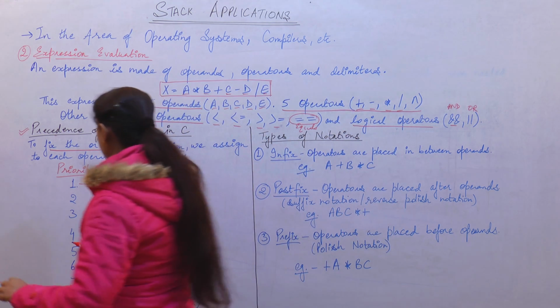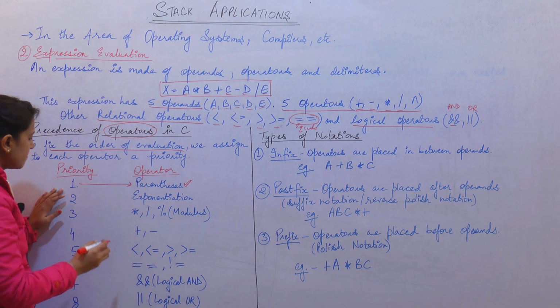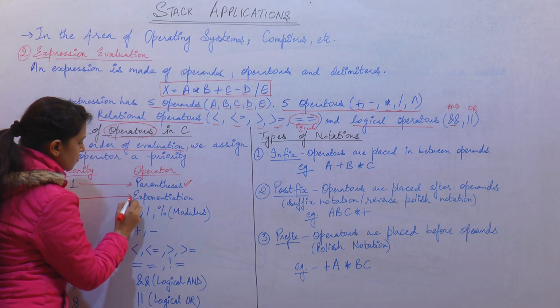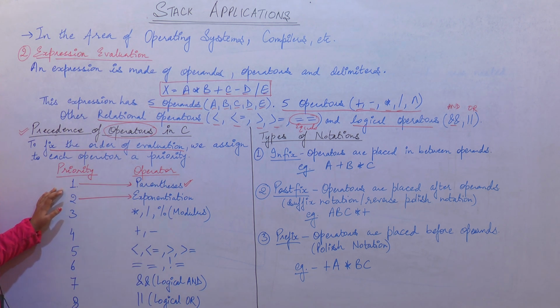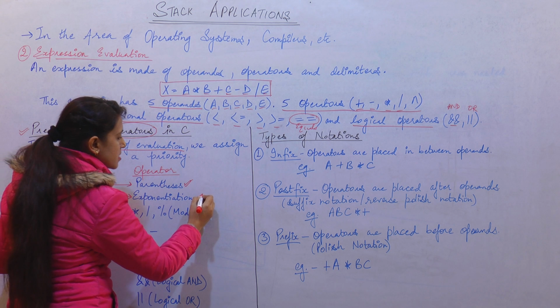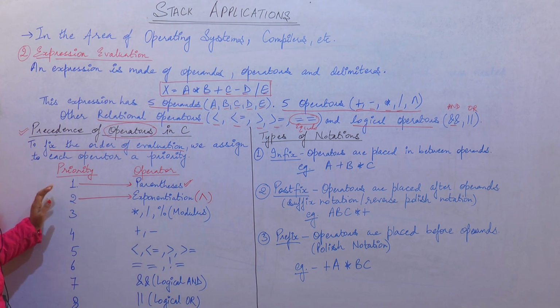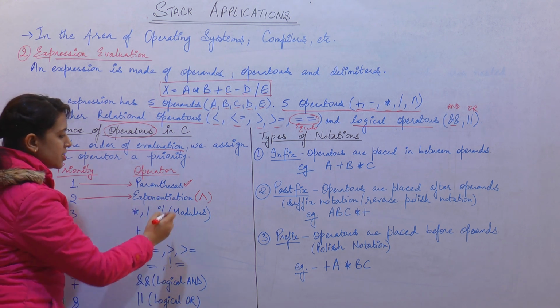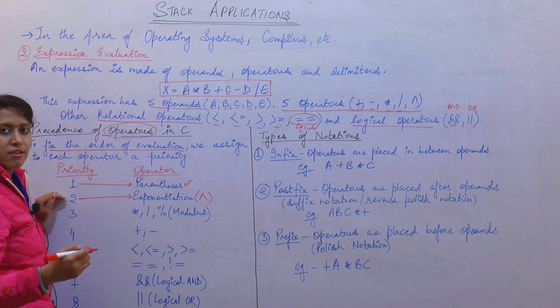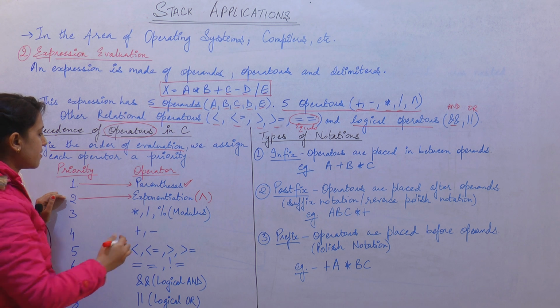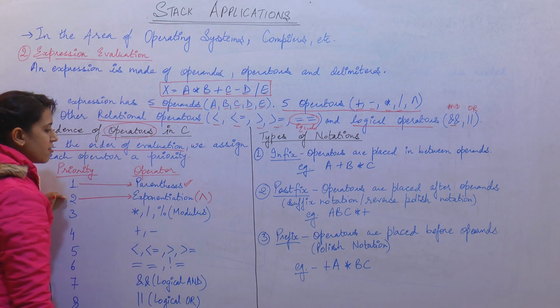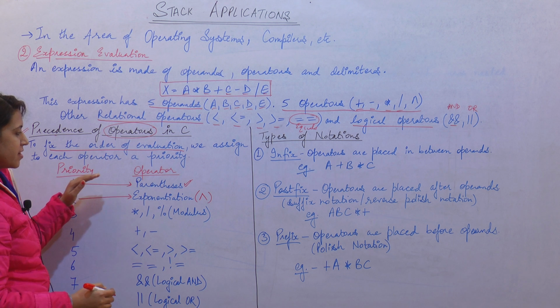So the first priority is given to the parentheses. Next priority is given to exponentiation, which we denote using the cap symbol. So the second priority is exponentiation. If our expression contains exponentiation, then we will evaluate the exponentiation next after parentheses.